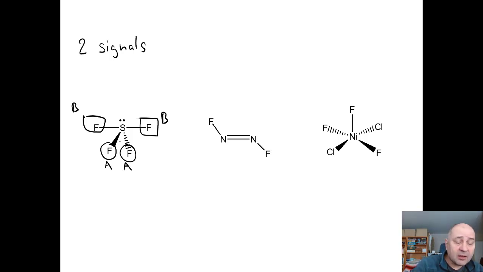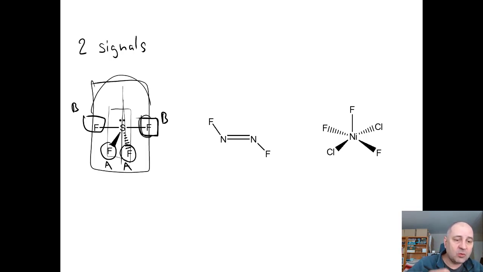Also important to note, what makes these two fluorines equivalent is that mirror plane that dissects the sulfur-fluorine plane here. That makes this group equivalent to that one. And you also have a mirror plane here, which makes the two fluorine atoms that are labeled A chemically equivalent. So here we only have one signal.